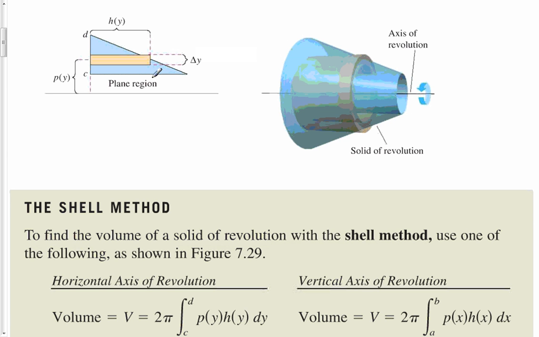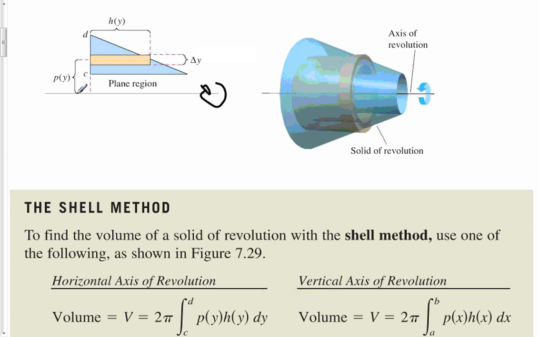So in this case, our representative rectangle to represent this blue plane region is going to be this rectangle here, where this is going to be the axis of revolution. So the height of the rectangle, h(y), which is written as a function of y, has to be parallel to the axis of revolution. And p(y) is the average radius of our shell.